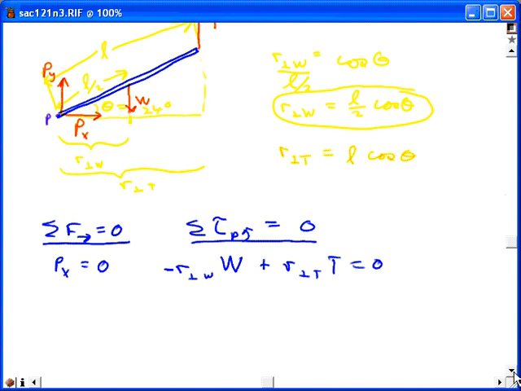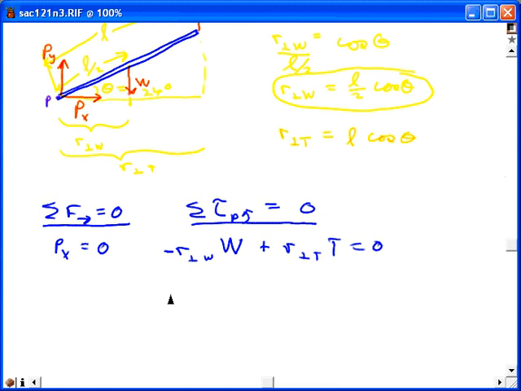And then we found these expressions for the r perps. This is minus L over 2 cosine of theta times the weight force, which is mg, and then plus r perp T, which is L cosine of theta, times T, where T is what we're seeking. That's all equal to 0. That's interesting.